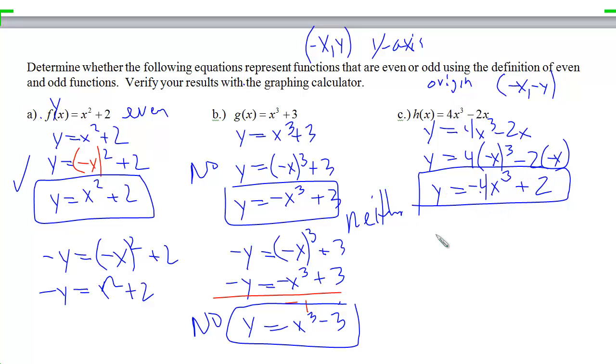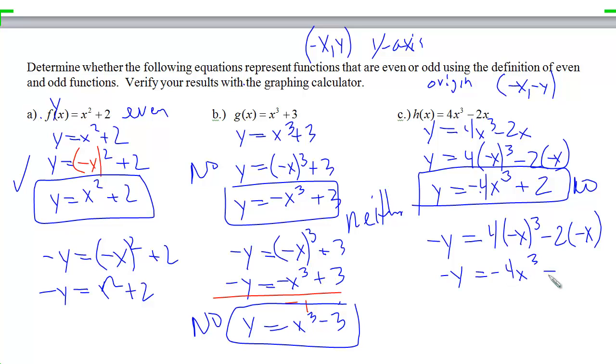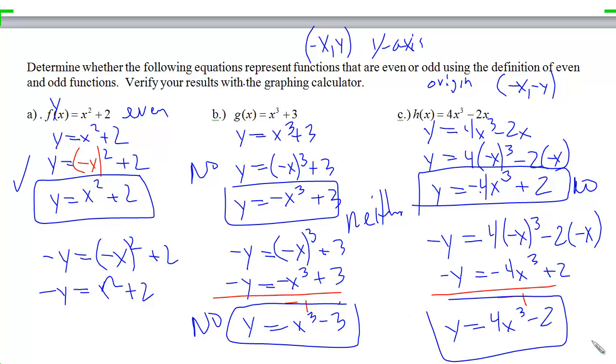If I flip the sign back, it would be a negative y. So this is no good. And we'll flip all the signs. That's a negative y equals 4 times negative x cubed minus 2 times negative x. So negative y. And this would be then a minus 4x cubed. This would be a plus 2x. And if I divided all this by a negative 1 to flip the y back, that would be a plus 4x cubed minus 2x. So this one does match up, so this would be an odd.